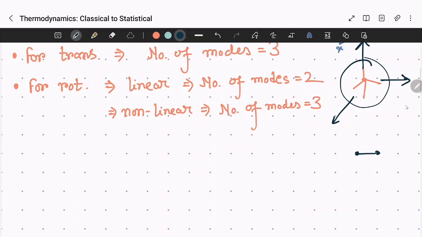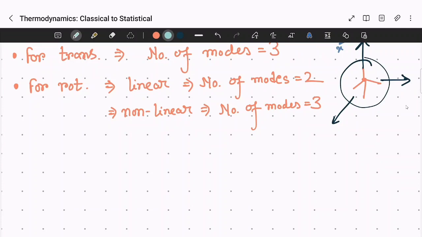Let's say X, Y, Z. Rotation around this axis is allowed, but it's not a rotation actually. It's not changing its position. So that's why this is not considered. That's the reason this is 2. But for non-linear, there will be 3 degrees of freedom, 3 modes.